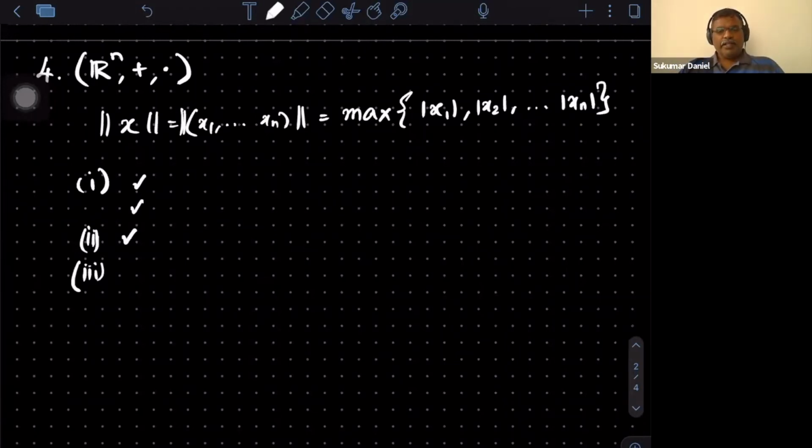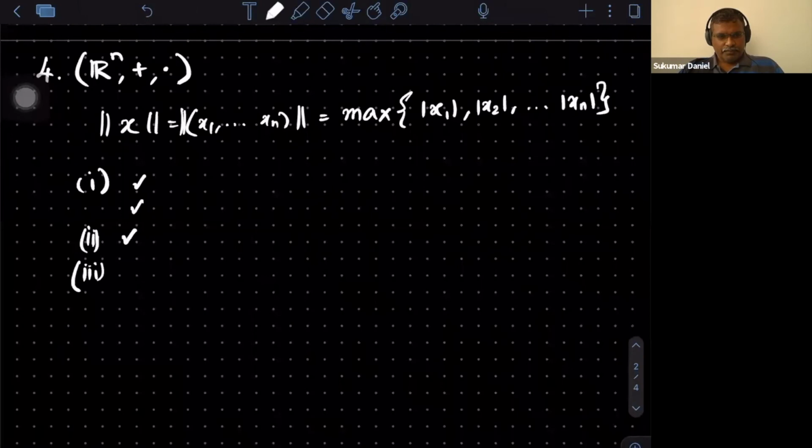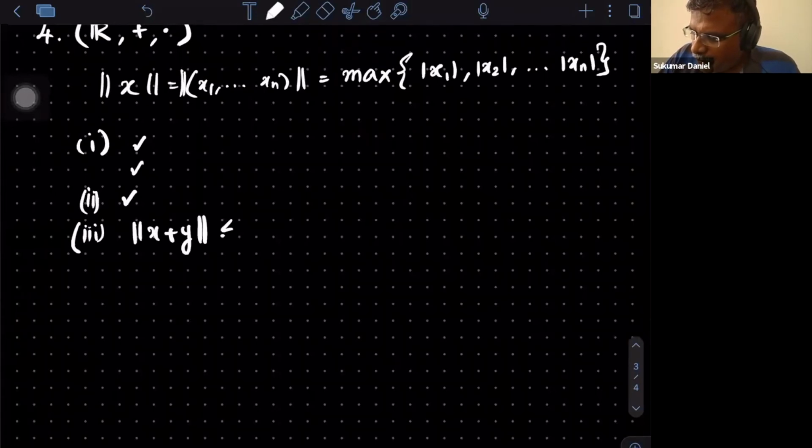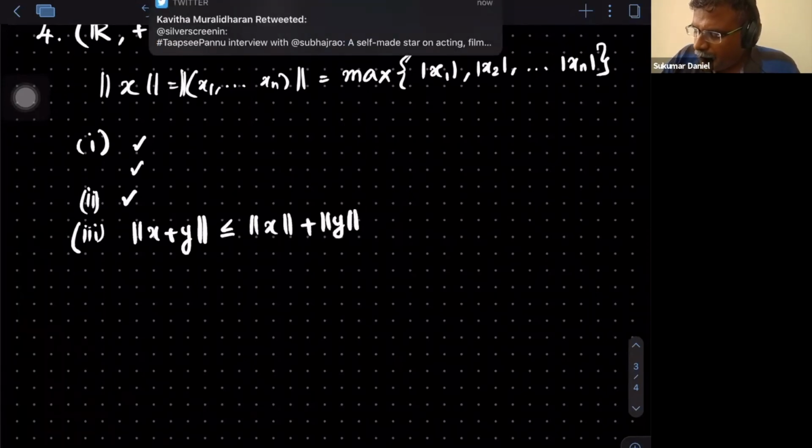What about the triangle inequality? So you can see that there is a slow step. So maybe the reason is also natural. We want to check this, so just write what it is. What is the left hand side?